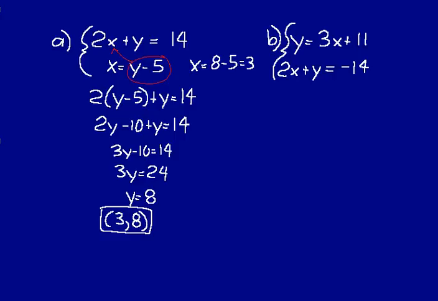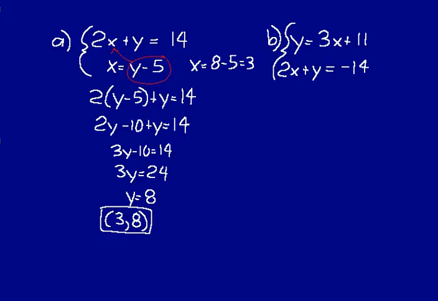Let's do one more. Let's use substitution to solve these two equations. Now, there is more than one way to solve these simultaneous equations. The way that we're learning right now is called the substitution method. Later on, you'll learn something called the elimination method.